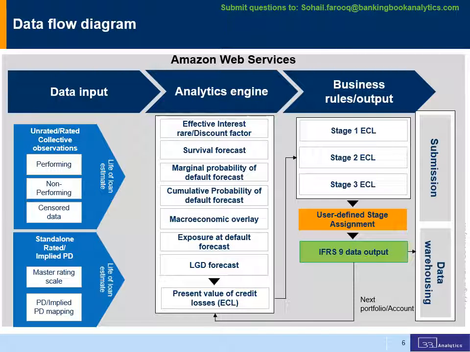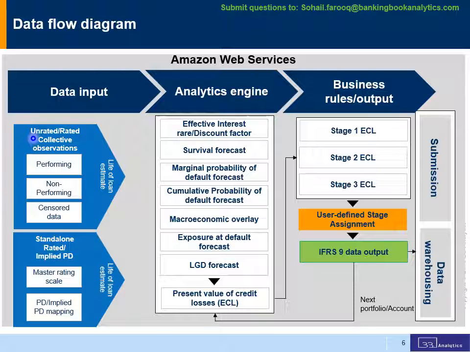What is our data flow logic? IFRS 9 Impairment Analyzer is an Amazon Web Services hosted application. This application is organized in 3 modules. In data input module, we organize data for collective and standalone observations.